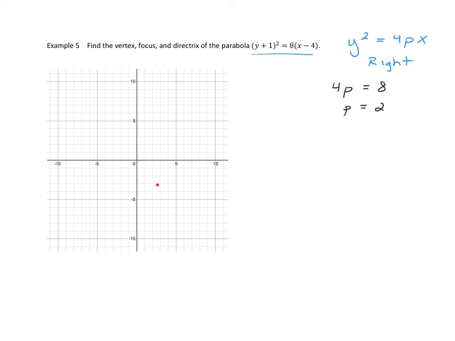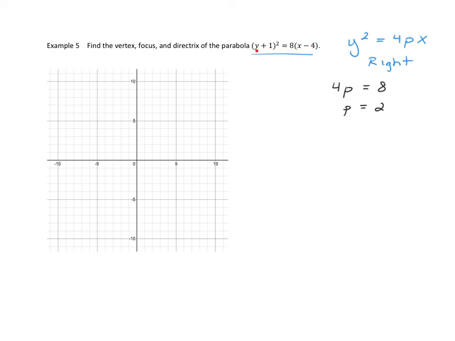But since the vertex is in a different spot, wherever it is, you'll go 2 in both directions from the vertex. So where is the vertex? It's the point, I should say, that when you plug it into this equation, you get 0 on the left and 0 on the right, making this a true statement.